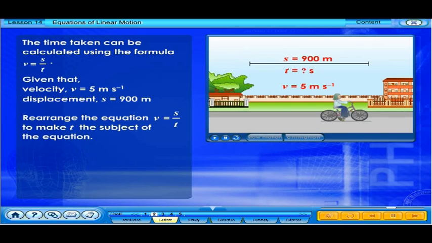Rearrange the equation v equals s over t to make t the subject of the equation. t equals s over v. The time taken to reach the school is 180 seconds.